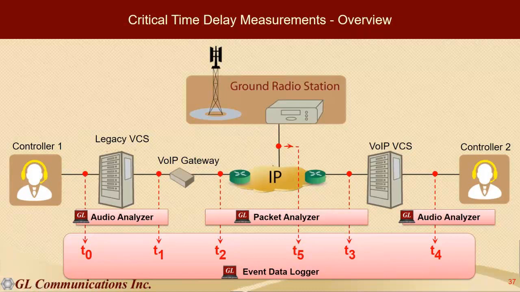Audio coming on and off, when a controller mutes the CWP, we can be timing that type of thing. When the audio starts and stops, when you mute and unmute, we can look for those types of things. We can look for different events throughout this network. There are many to choose from. So that's the summary of how we're doing our critical time delay measurements.